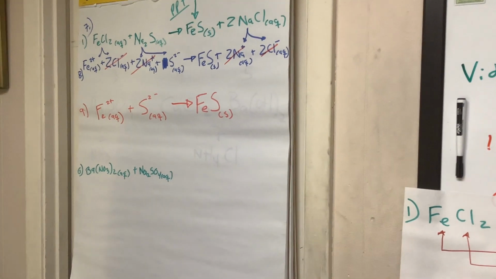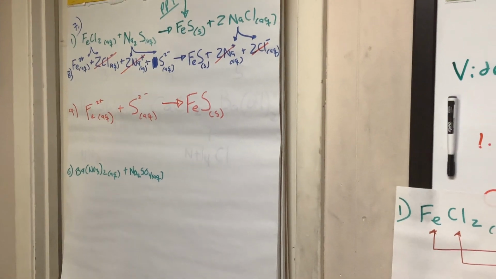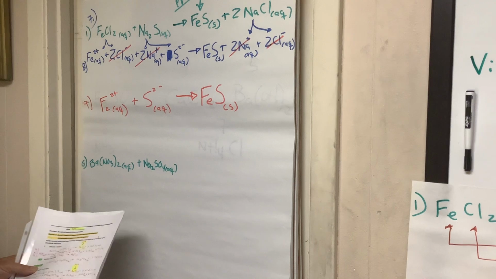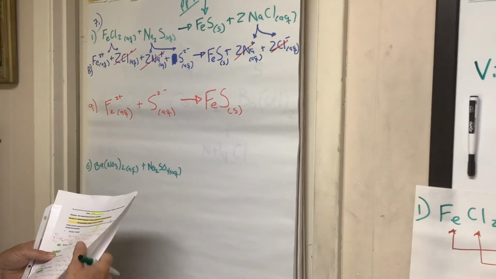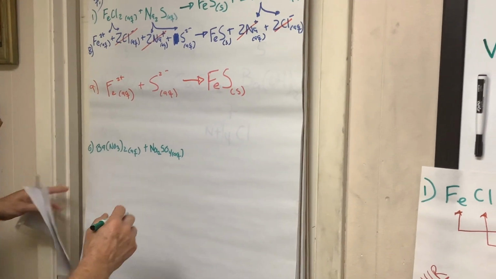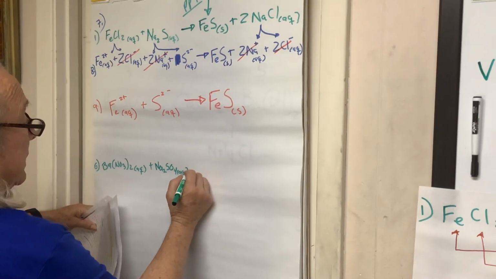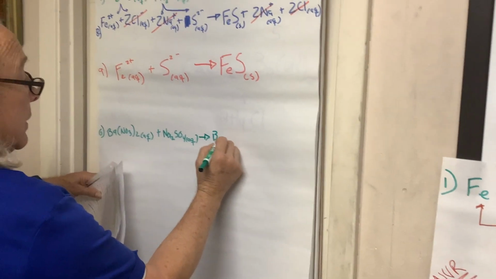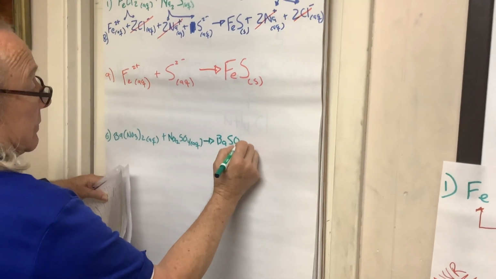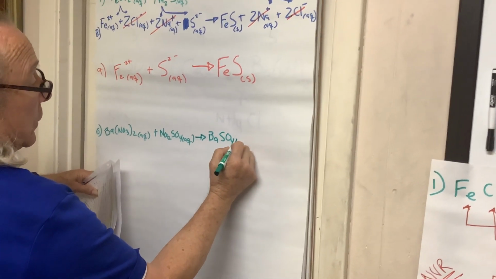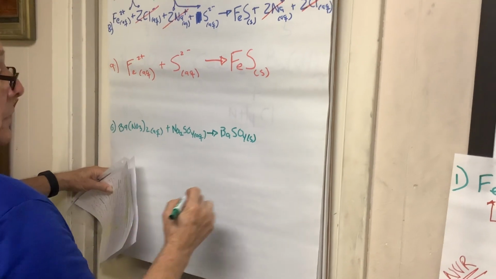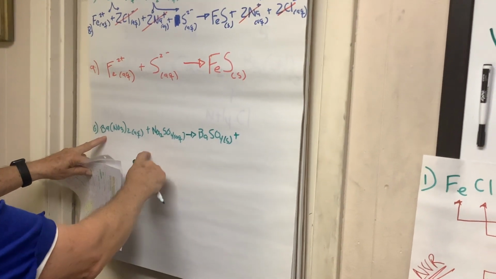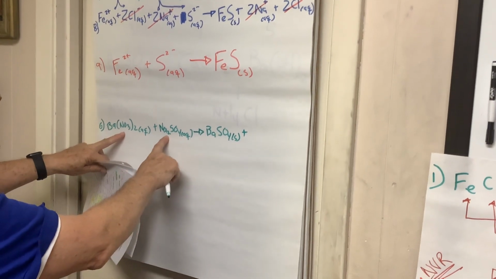So let me go ahead and do the last one, and just do another one. That might be, well, it's actually not that much more challenging. But here's barium nitrate, and we're going to make barium sulfate, the insoluble solid precipitate, plus change partners, sodium nitrate.